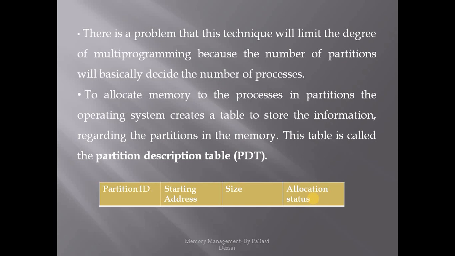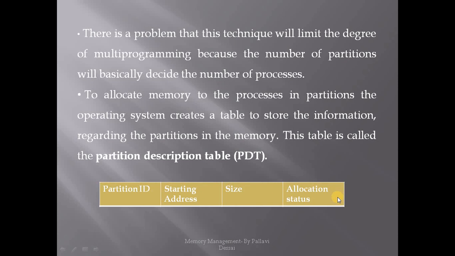Next, it enters the partition ID in the PCB of the process, and then PCB is linked to the chain of the ready queue. We already know this process of allocating process to the memory and then to the CPU.